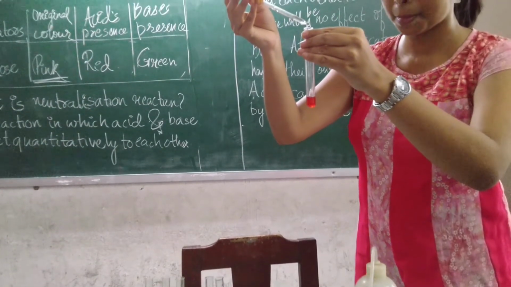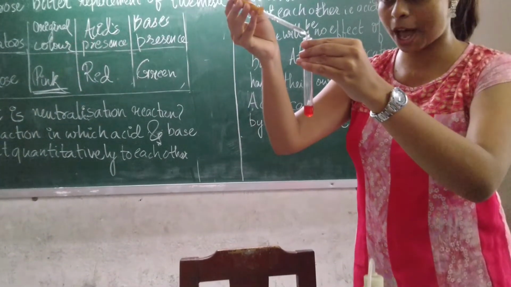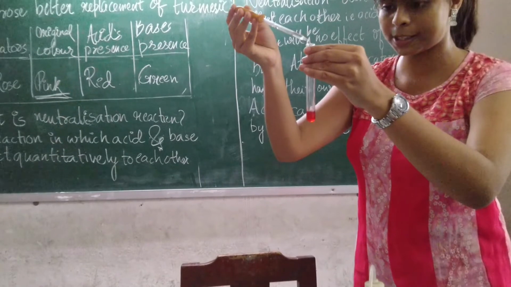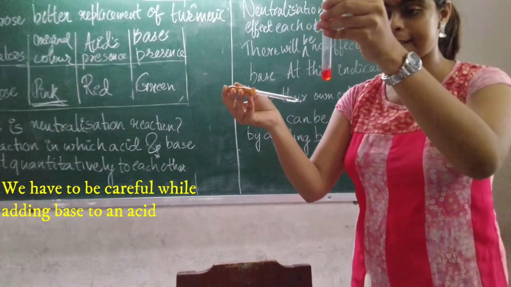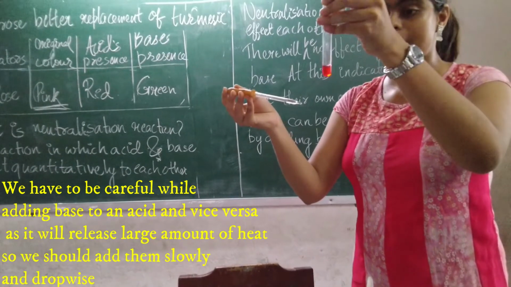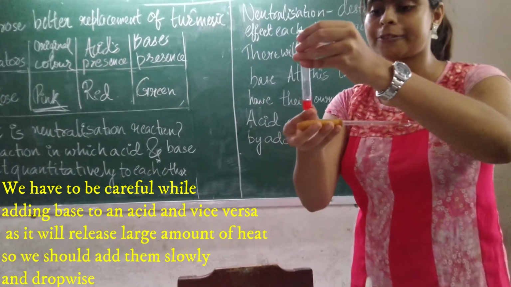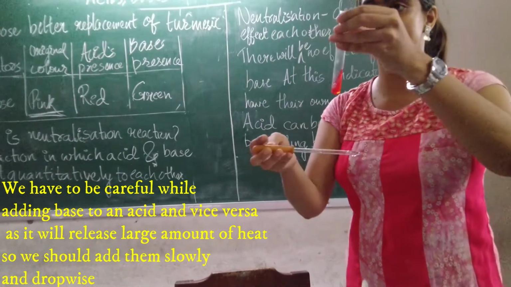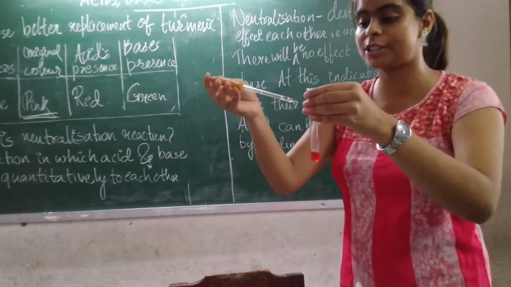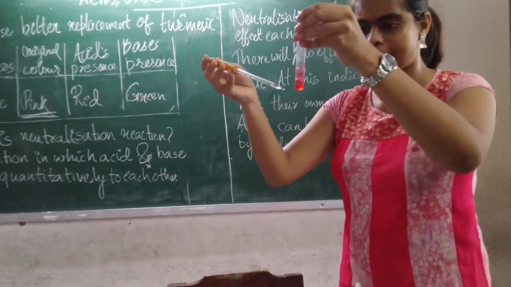See, upon adding base, we have to add slowly, because the acid-base reaction is an exothermic reaction, or I can say in acid-base reaction, heat is involved. Whenever you touch the outer surface of the test tube, you will feel hot because the energy is released. See, I am adding.